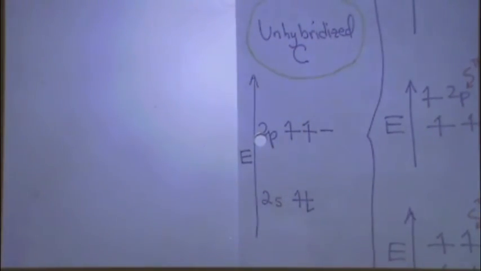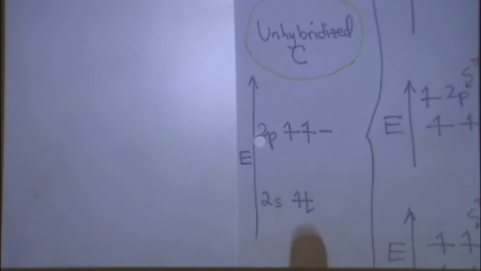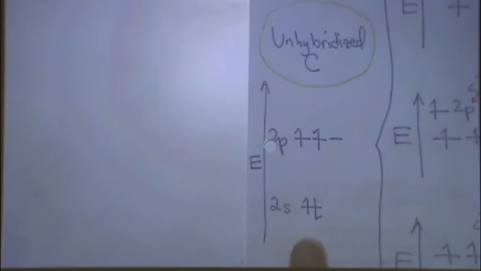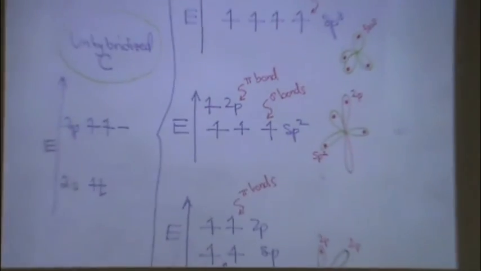Okay? In your class, you should have done this for carbon, where you drew an unhybridized carbon, which is 2s2, 2p2. Okay? Then you should have learned 3 hybridization schemes for that carbon: sp, sp2, and sp3, which are here. Don't totally fit on the page.